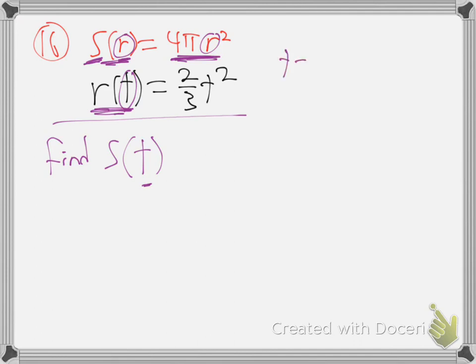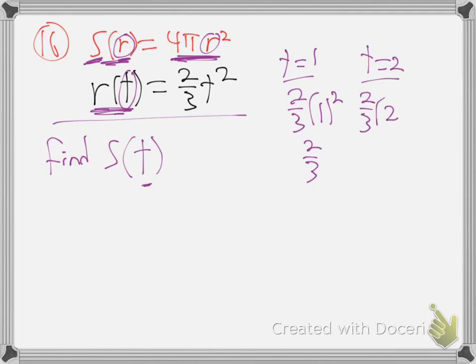So after 1 second, the radius is just 2/3 times 1 squared, it's just 2/3 meters. And then after 2 seconds, more air's in there, and the radius is 8/3 meters, and on you go. So over time, the radius is expanding as the air compressor shoots the air in. And as the radius expands, of course, the surface area grows.